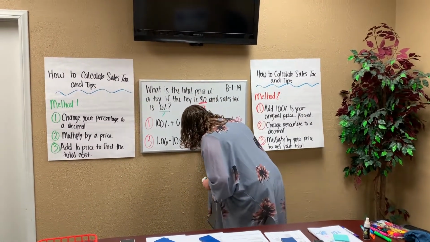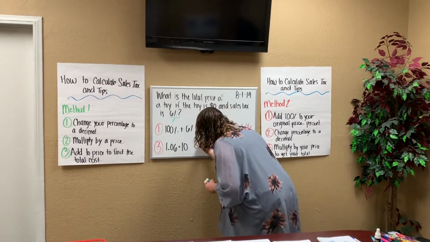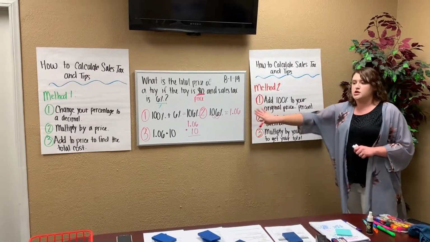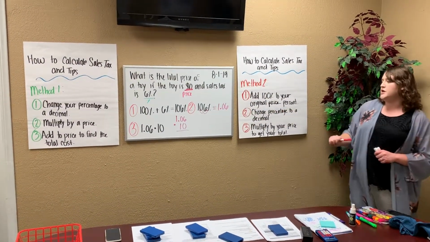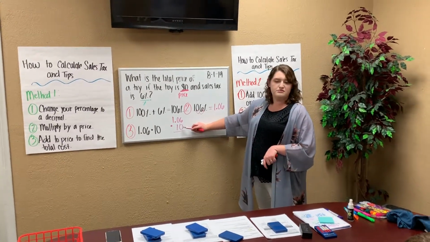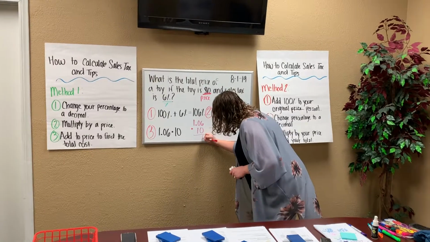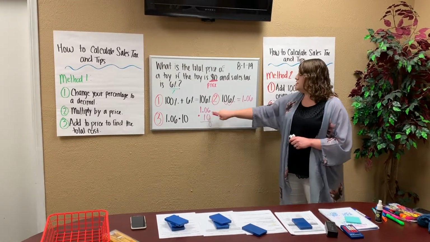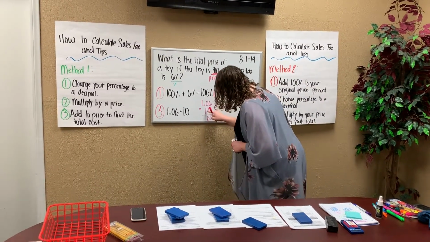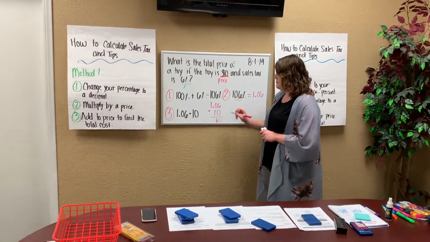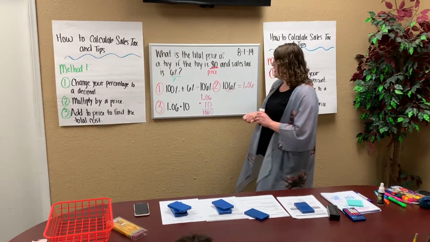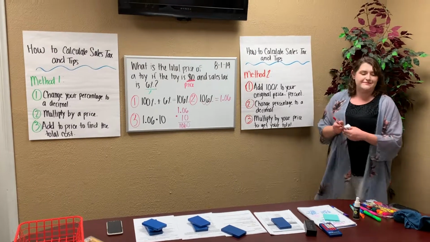So I'm going to do 1.06 times 10. Do I need to multiply by the 0? No, I'm just going to put it down. What's 1 times 6? 6. What's 1 times 0? 0. And 1 times 1? 1. So I got 1,060.